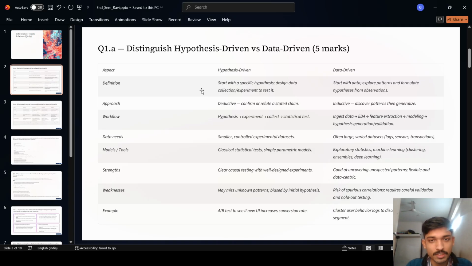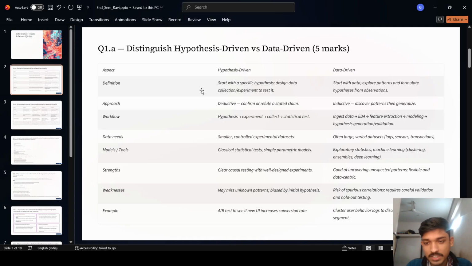Next one is strength. Hypothesis driven has a strength of clear causal testing with well designed experiments. Data driven is good at uncovering unexpected patterns, flexible and data centric, and they have weaknesses also. Hypothesis driven may miss unknown patterns, biased by initial hypothesis.